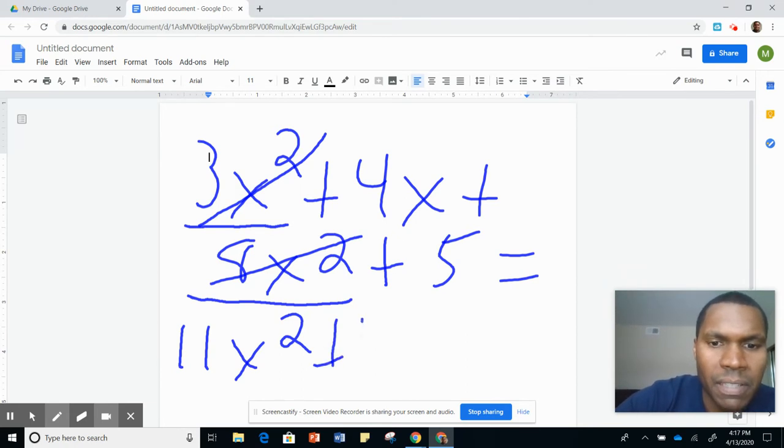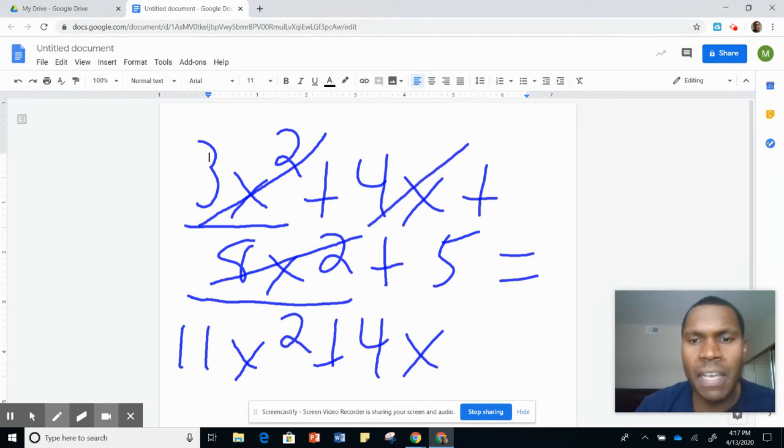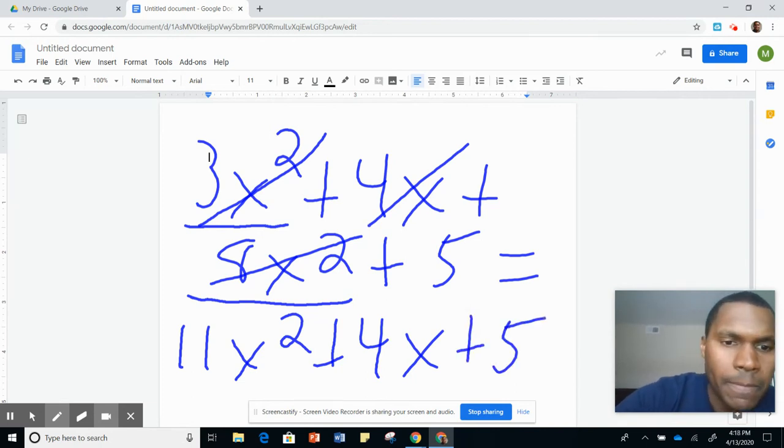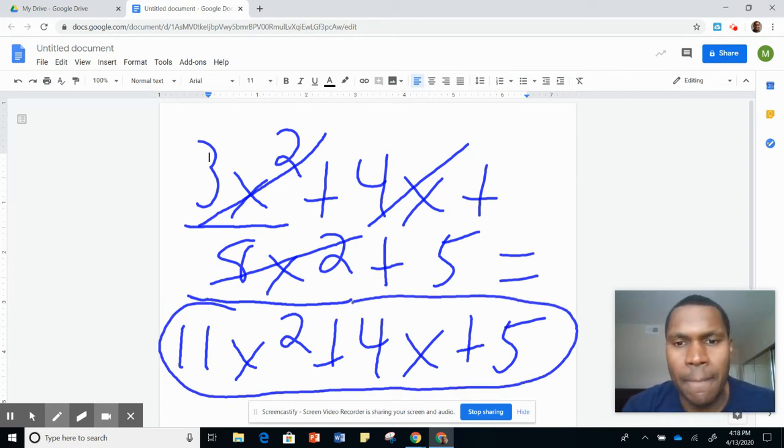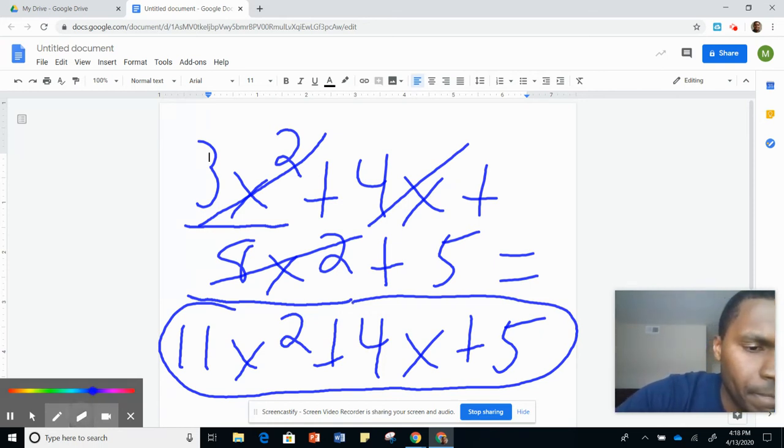So it's going to be plus 4x. Cross it out. You're done with that. And the last part is 5. You simply bring down plus 5. So your answer is going to be 11x squared plus 4x plus 5. And that's our first example of simplifying there.